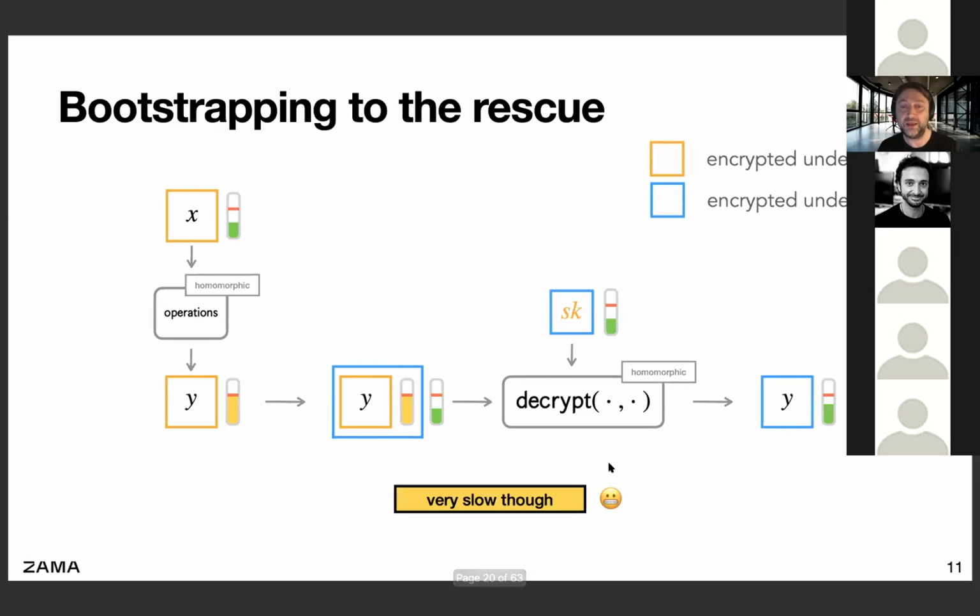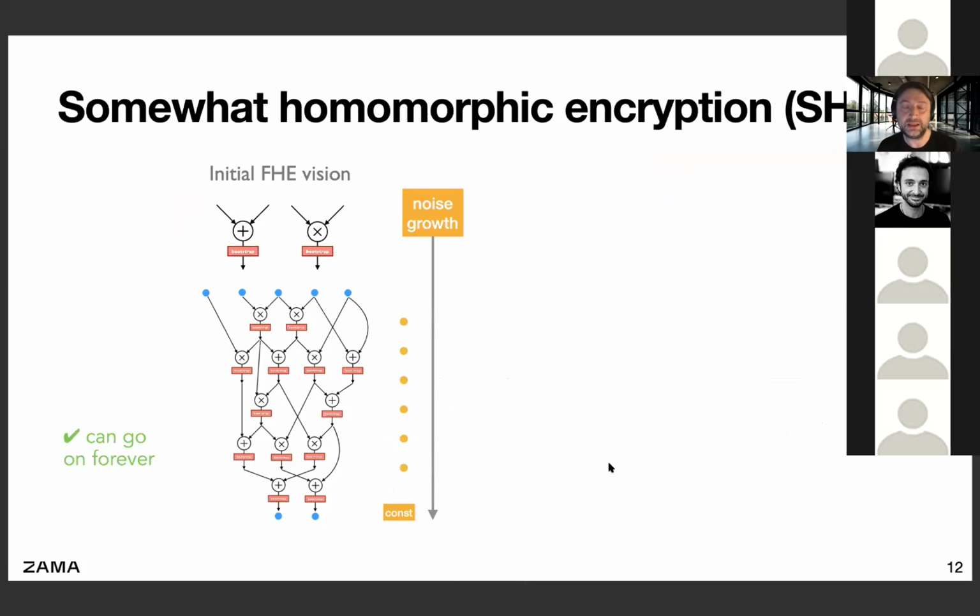So the problem in there was that the procedure was excruciatingly slow. On top of this, Gentry came up with this initial vision about FHE, which is: you do an operation, and basically you're going to bootstrap because the noise is already too high.